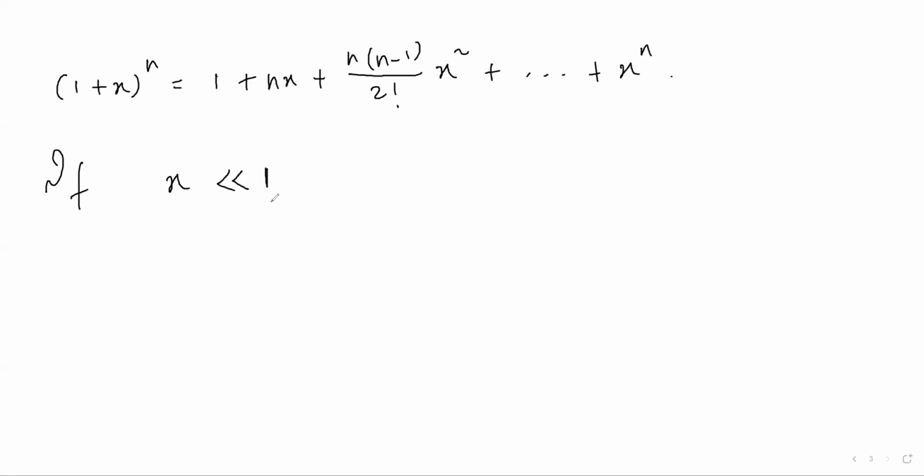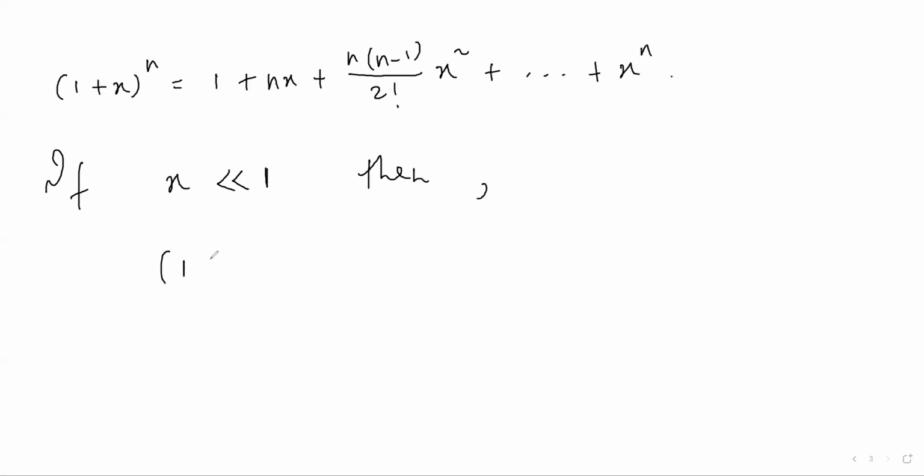If x is much smaller than 1, then you can approximate this expansion by just using the first two terms. In any situation where x is much smaller than 1, you can approximate the expansion in the following way.